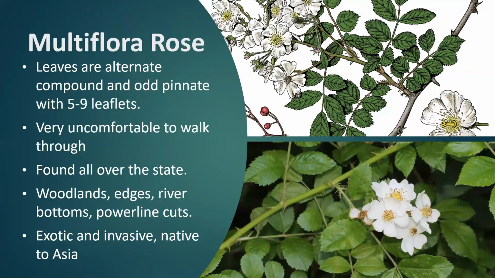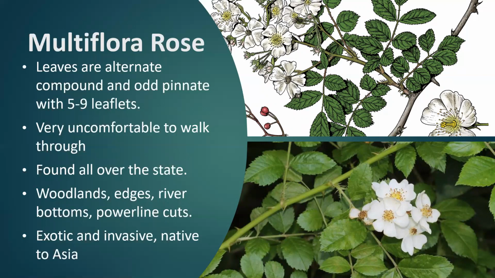Multiflora rose is another invasive introduced species in Illinois. We do have several different native rose species, but the best identifying characteristic to identify the introduced, invasive version is if you go to one of these pictures at the top where you have a flower, if you trace all the way back where that flower touches the stem, you'll see these hair-like structures.